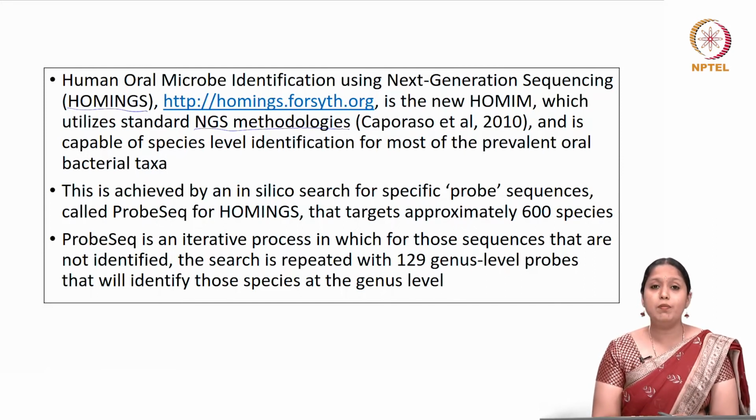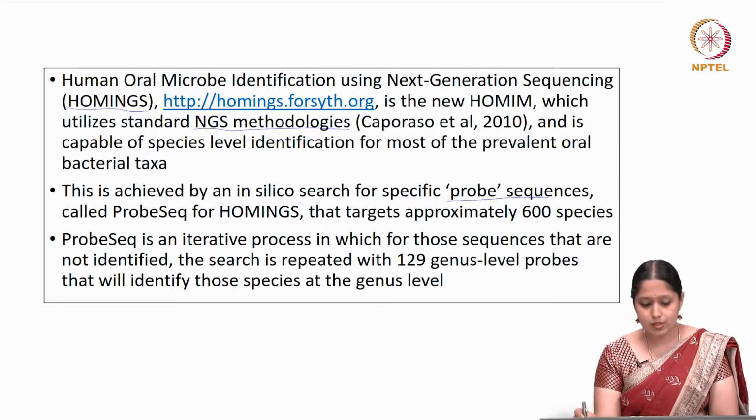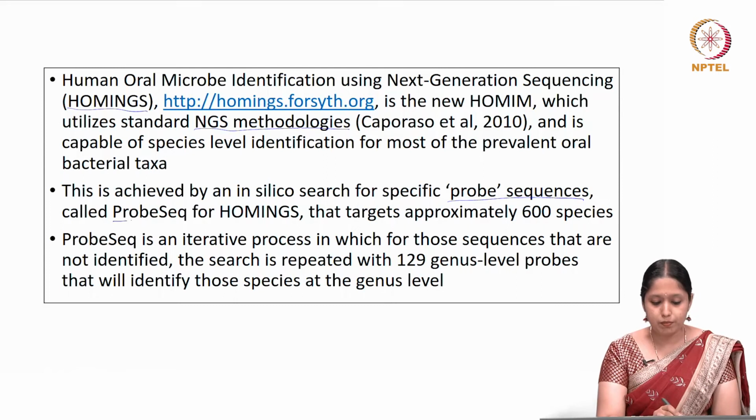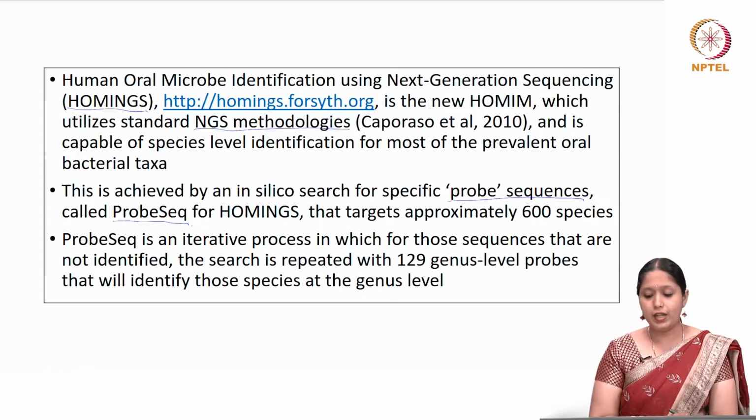This is achieved by an in silico search for specific probe sequences, called ProbeSeq, for HOMINGS that targets approximately 600 species. ProbeSeq is an iterative process in which, for those sequences that are not identified, the search is repeated with 129 genus level probes, and it will also help to identify those species at the genus level.